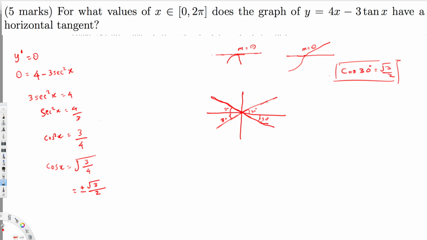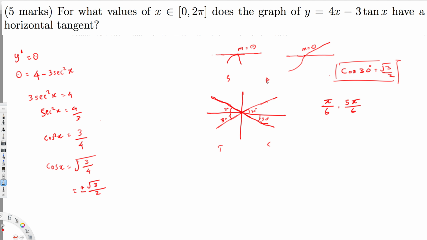So this is 5π by 6. As you see, 5π by 6 is this value. This is 150 degrees, right? 150 times π over 180 is going to be 5π over 6.